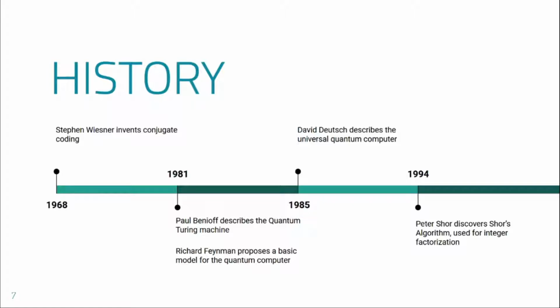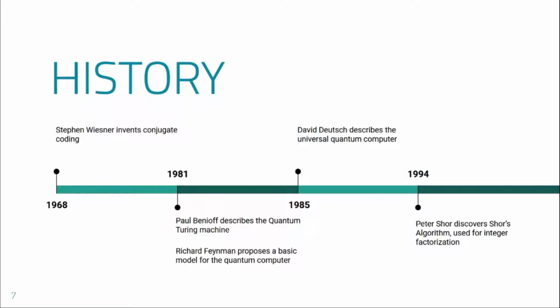When considering integer factorization, it's impossible to calculate on a classical computer. It takes billions of years, literally.